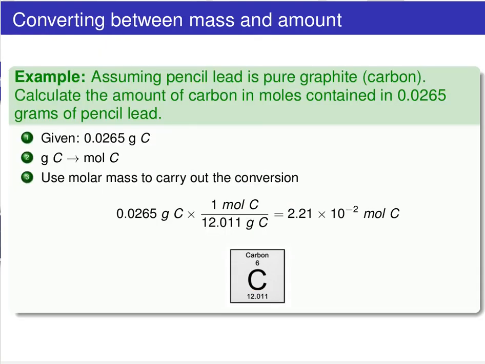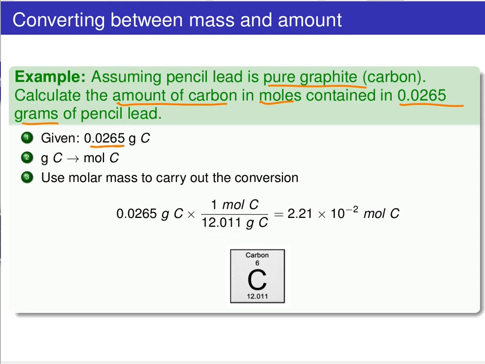Okay, so the first problem we want to look at is an example involving pencil lead, and we'll assume pencil lead is just pure graphite, all carbon atoms, and we want to calculate the amount of carbon in units of moles contained in a 0.0265 gram sample of pencil lead. All right, so proceeding as we always do, we're going to start off by identifying what information we are given.